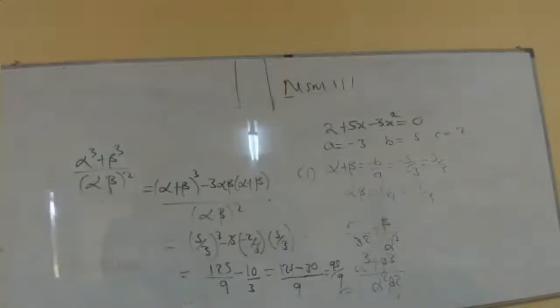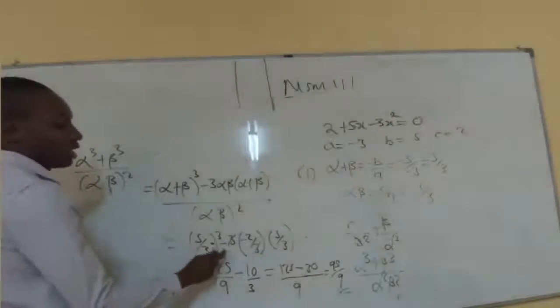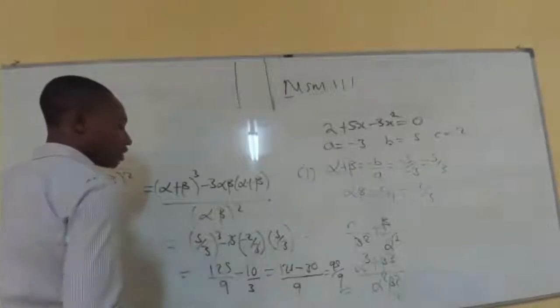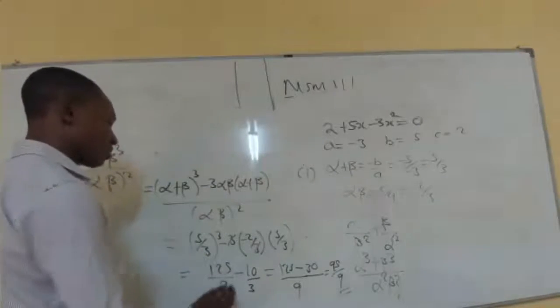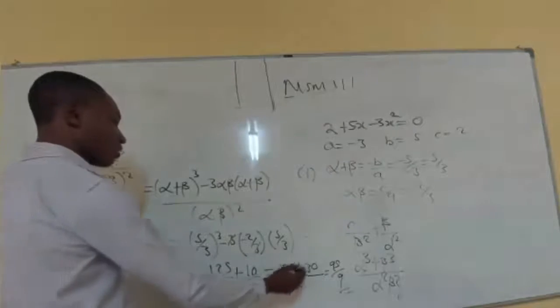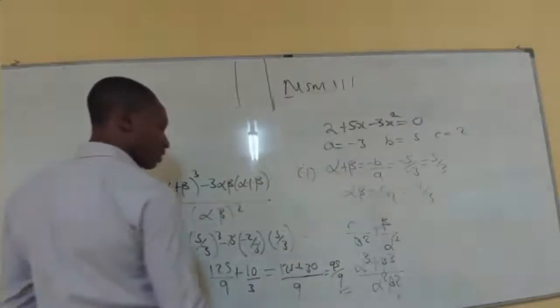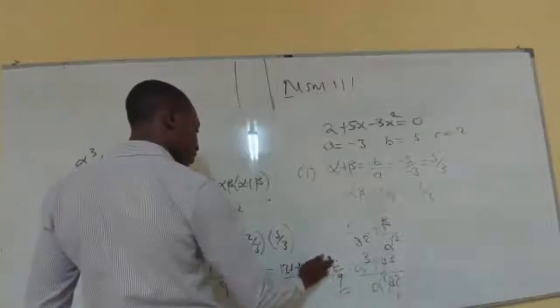Okay. Now another note, okay. Notice that here you have a negative and here you have a negative. So it's basically supposed to be positive. So that we have, this is 135, 155.